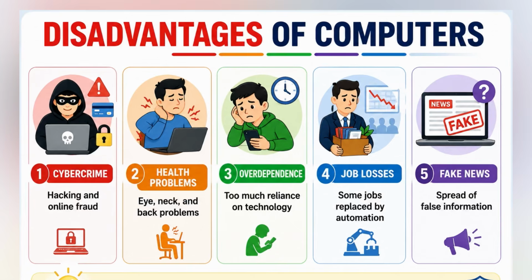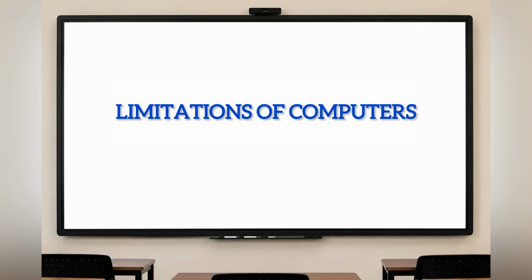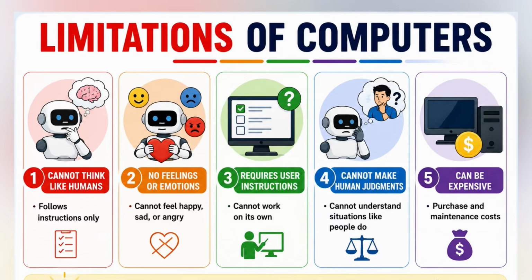After looking at the advantages and disadvantages of computers, let's talk about their limitations. Sometimes people think computers can do everything, but that's not true. No matter how powerful a computer is, it cannot think like a human being.